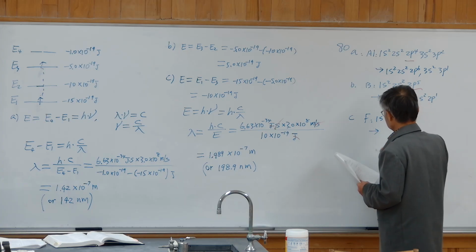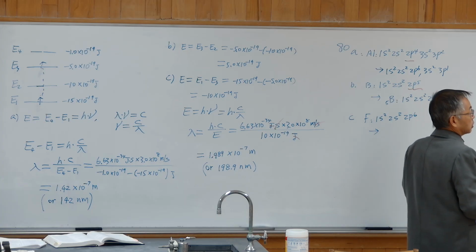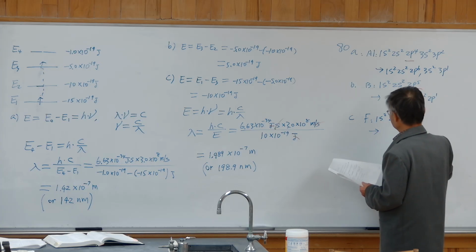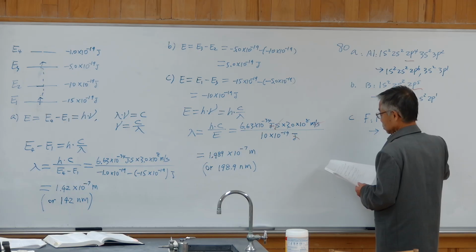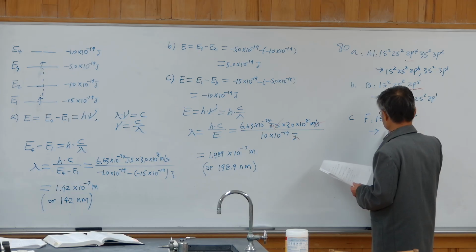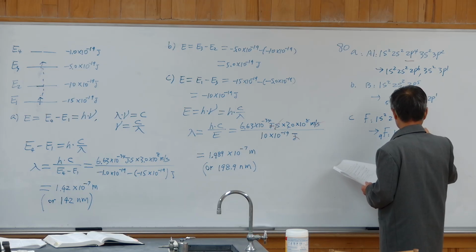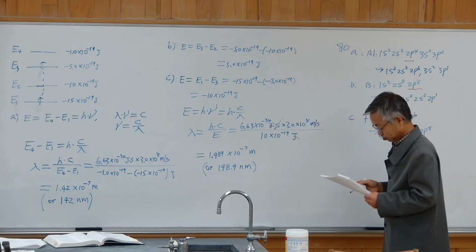Fluorine, take a look at the periodic table. How many electrons? Total 9. And here is 10, also too many electrons in the 2p subshell. So fluorine, 9 electrons, should be 1s2, 2s2, 2p5.